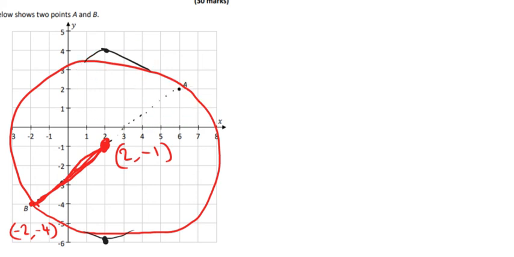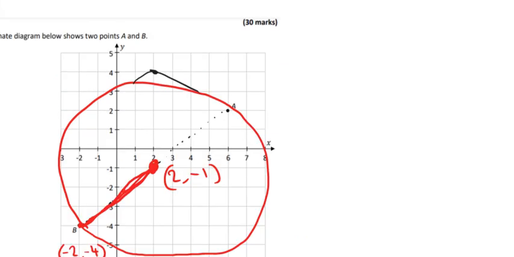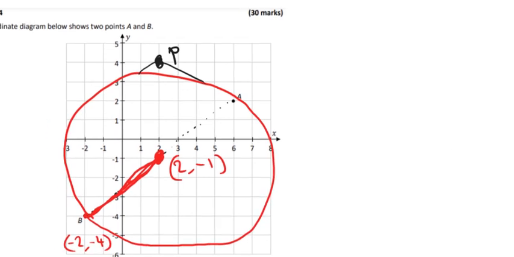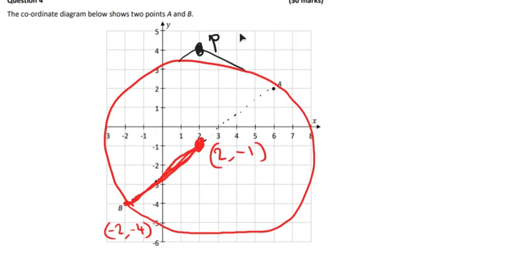So therefore we have to get rid of this point down here, so it can't be the point (2, -6). So we're going to get rid of it. So it has to be this one here. So that's P, so you're supposed to plot that on the diagram as well. So that's it plotted. So that's it for question 4.